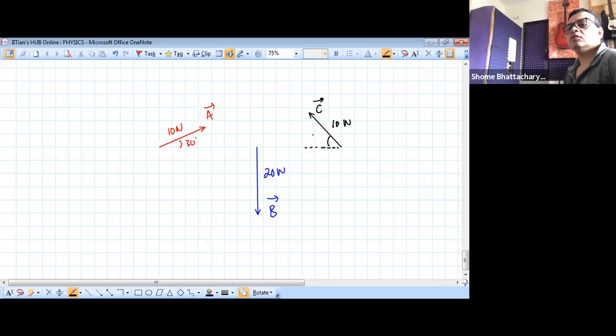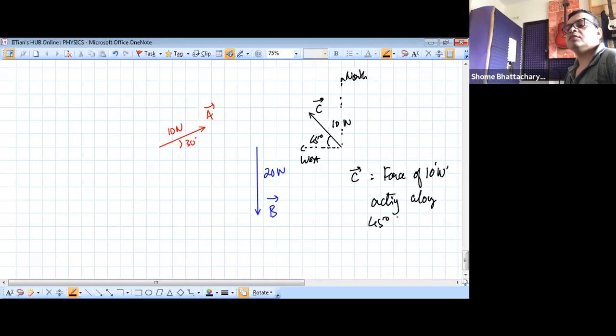So here, this should be 45 degrees. You understand that this is north, this is west. So you can see that C is a force of 10 newtons acting along 45 degrees north of west.